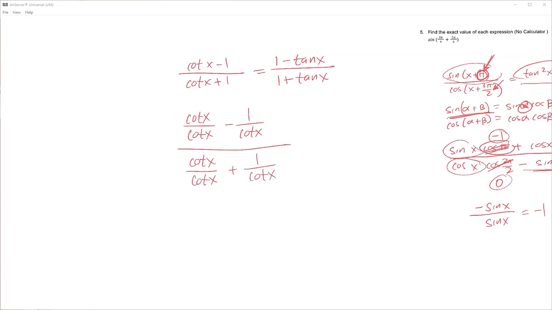By dividing both the top and the bottom by cotangent x, you get 1 minus, this is tangent because 1 over cosine over sine, you flip, you get the reciprocal, so that would be tangent x, over 1 plus tangent x. And that is your answer.